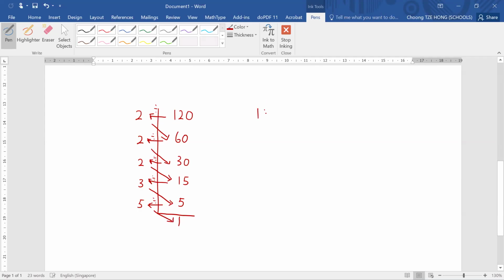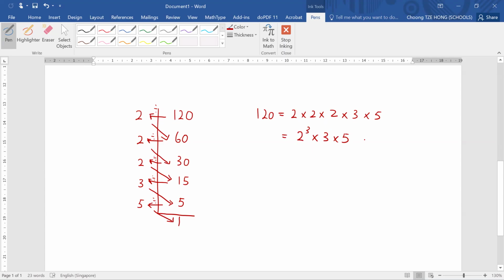So now 120 can be expressed as 2 times 2 times 2 times 3 times 5. 2 times 2 times 2 is 2 cubed, and times 3 times 5. This is how we have prime factorized 120.